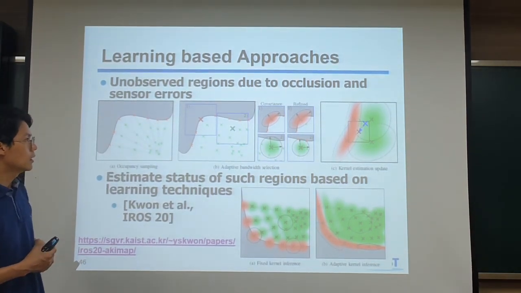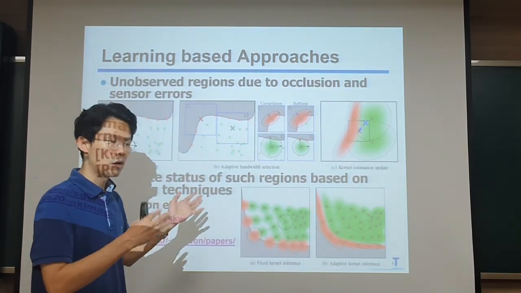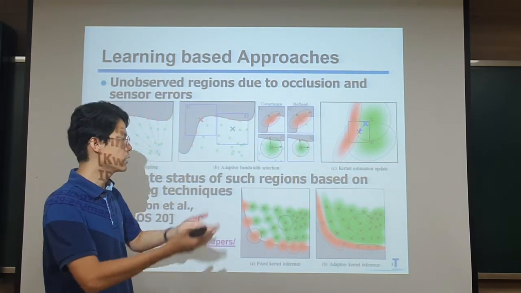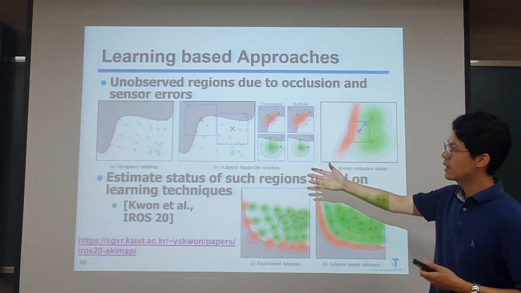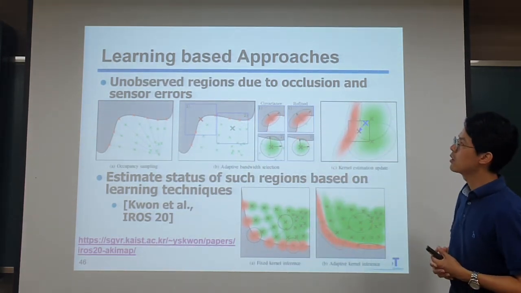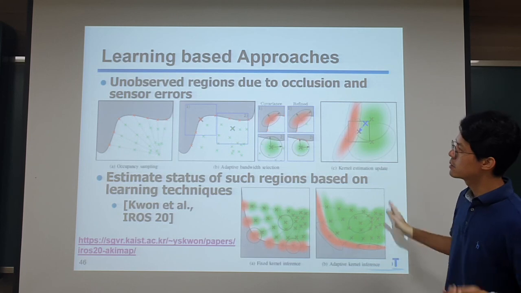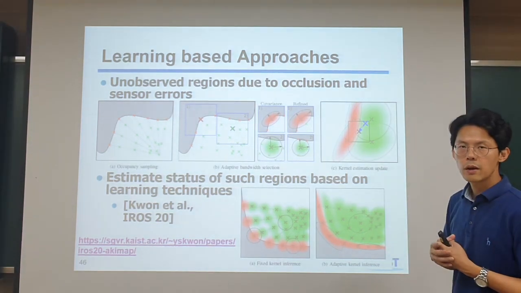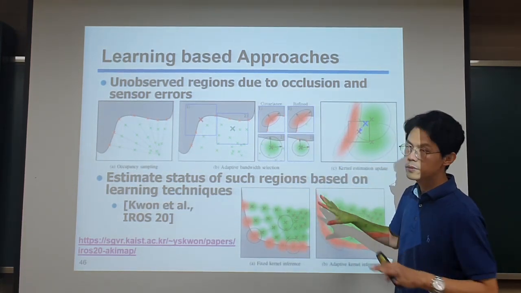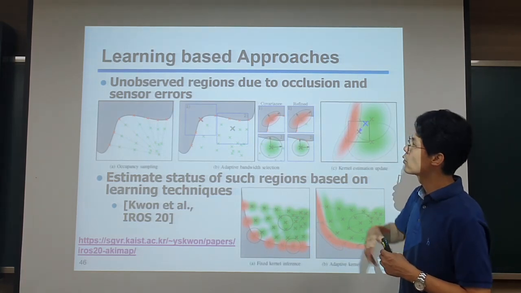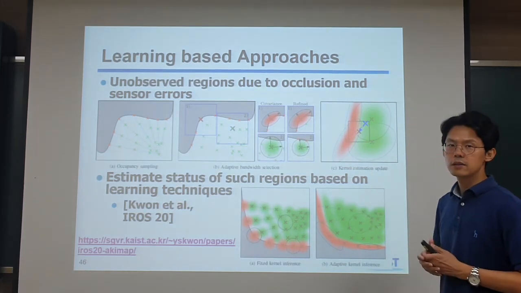Even though we don't have any sensor information over there, we can look at the nearby information and estimate whether there is a collision or not at those locations. Recently we also worked on a learning-based approach to get that kind of environment information, even though we don't have the exact sensor information. I'm not going to talk about all the low-level details, but there are lots of things going on. If you're interested, I recommend you go over this paper, where I also showed this link, and there could be many other related techniques.